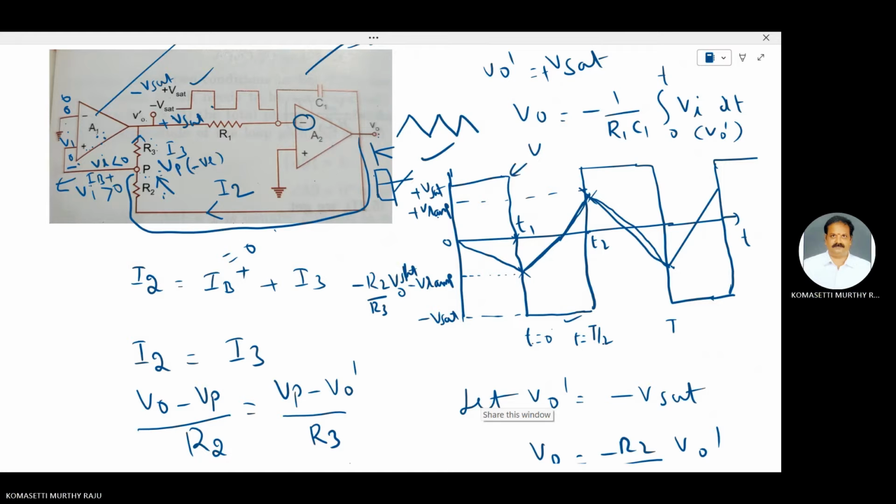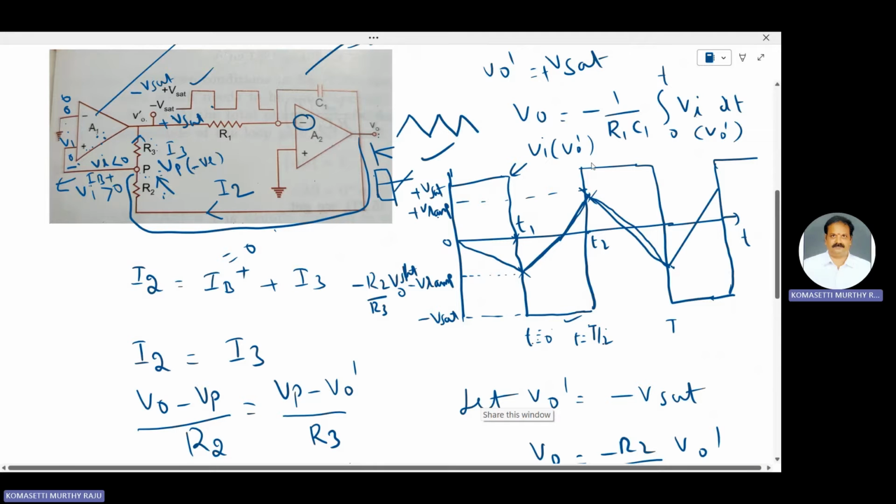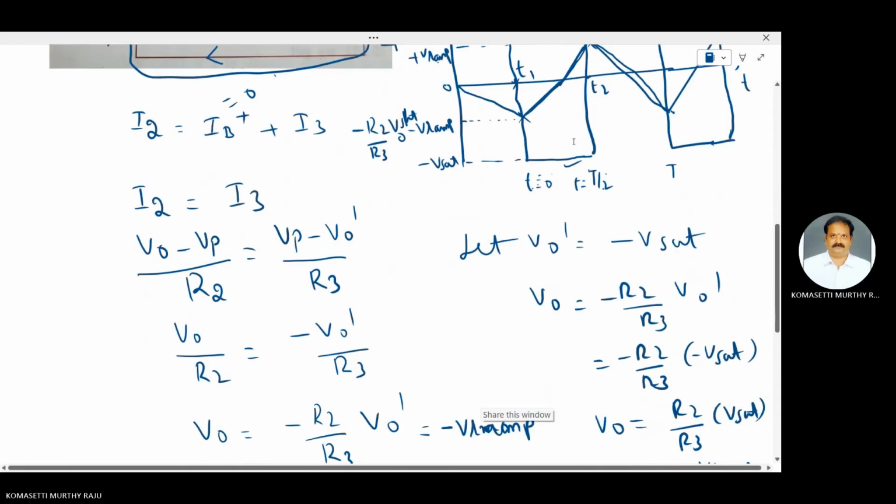V0 dash is the input to that integrator circuit. Vi is minus V sat during that interval. Therefore, find out V0.